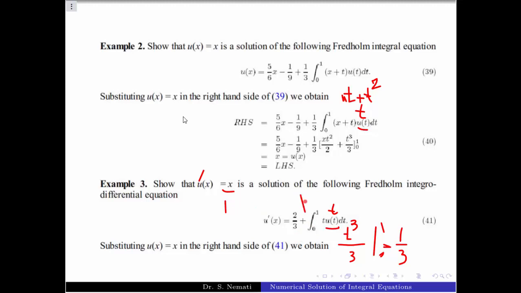And we can see that the left side and right side are equal. So this function is a solution of this integral differential equation.